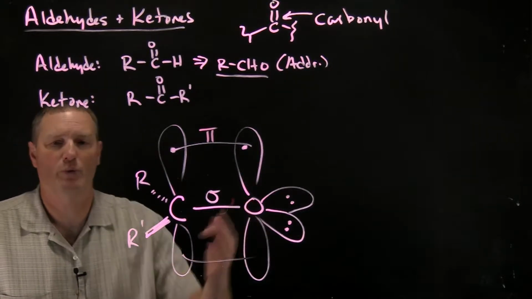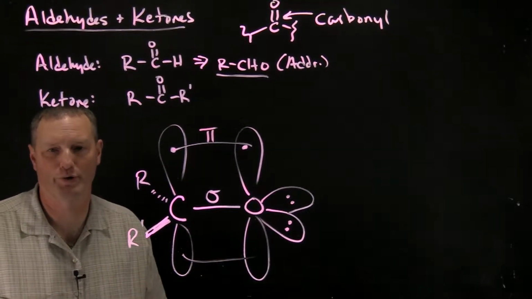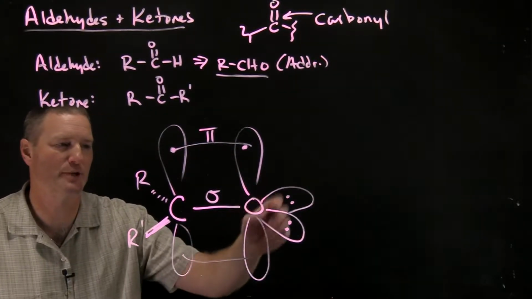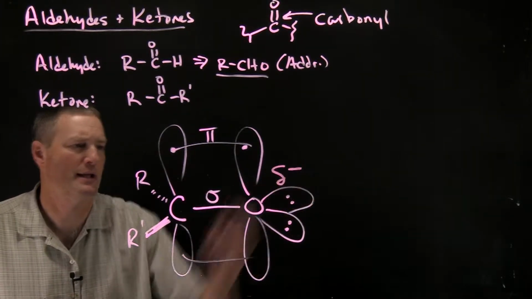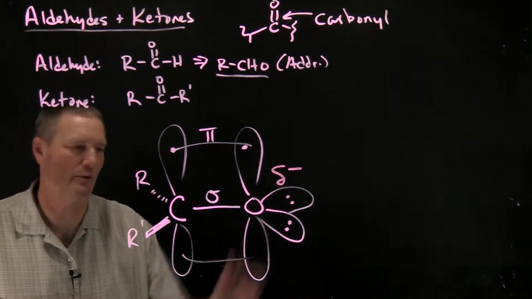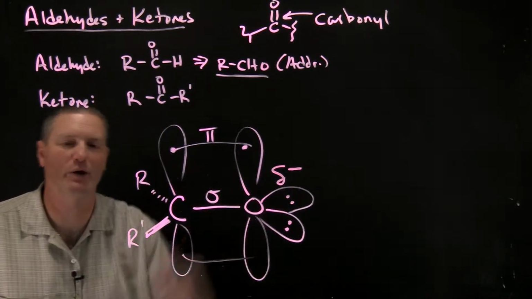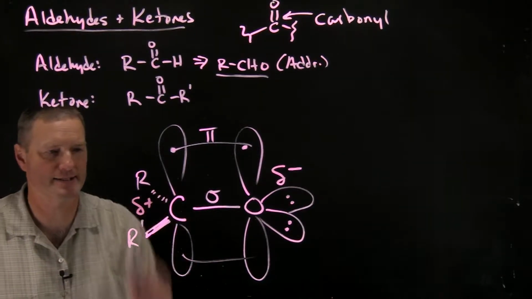Now, while we have this figure up here, let's talk about the fact that these are polar groups. There's an asymmetric distribution of electrons here. The oxygen is much more electronegative than carbon, so this end of the molecule is partial negative. We have these negative electrons here, plus the oxygen is pulling electron density away from the carbon, and therefore the carbon would be delta plus.